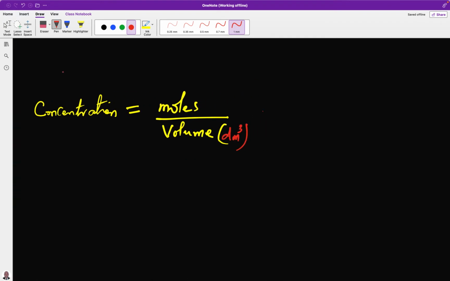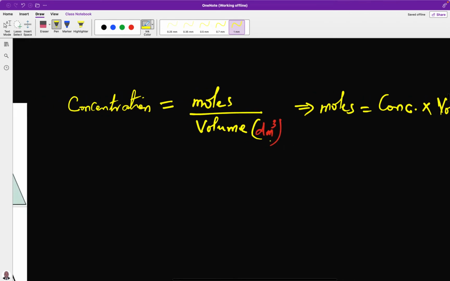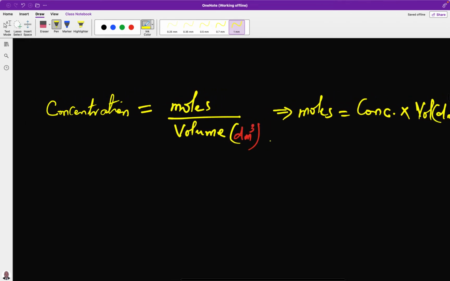It implies that the number of moles will be equal to concentration times the volume in dm cube.